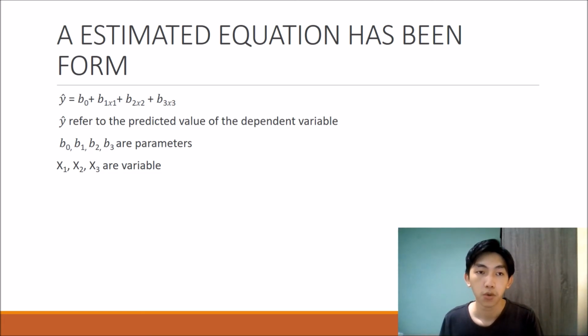Y refers to the predicted value of the dependent variable. b0, b1, b2 and b3 are parameters. x1, x2, x3 are variables.